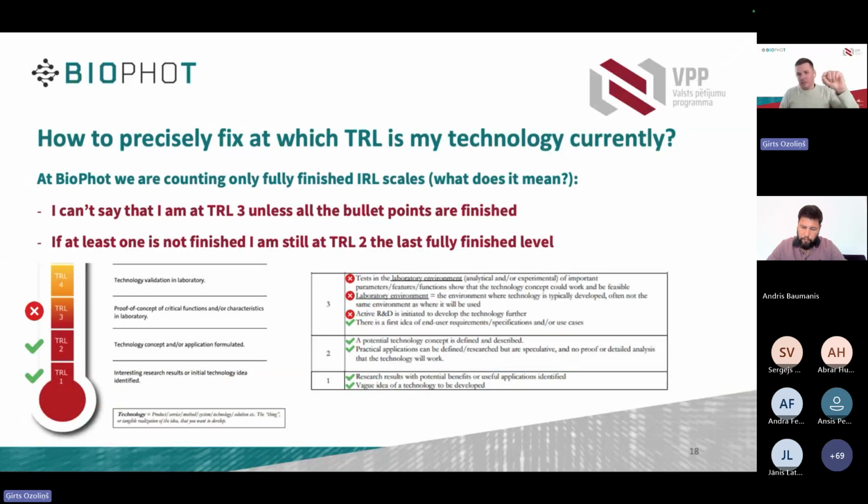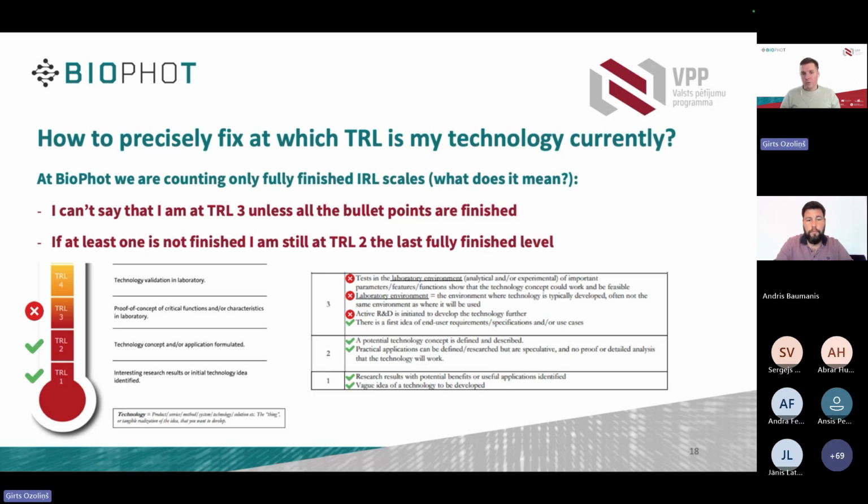A higher readiness level does not necessarily mean it's better. We might just say, oh no, you are not a TRL 3 because you have not completed all this, which is fine, and we just fix it as it is in reality. So this you need to take into account.